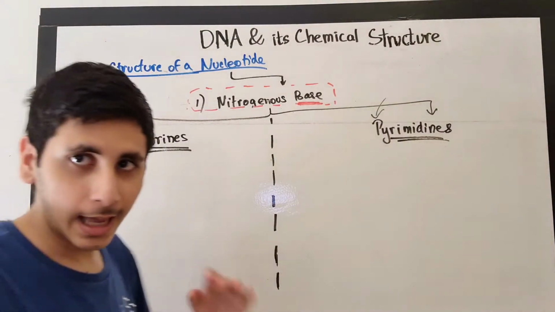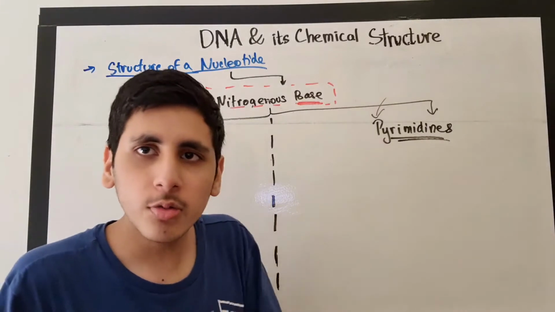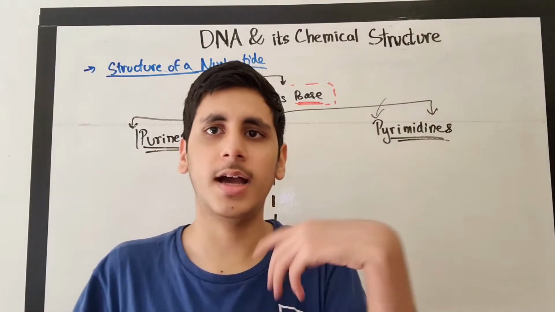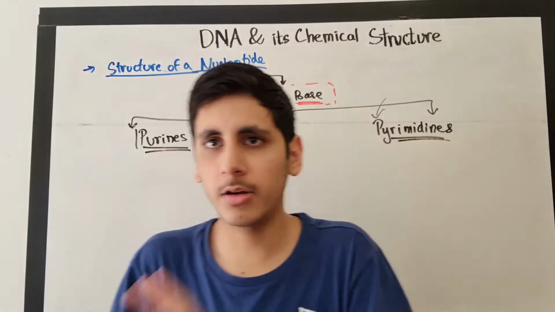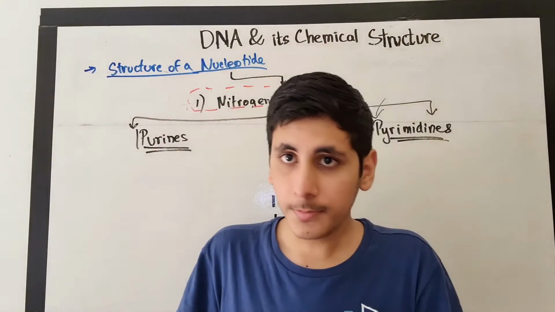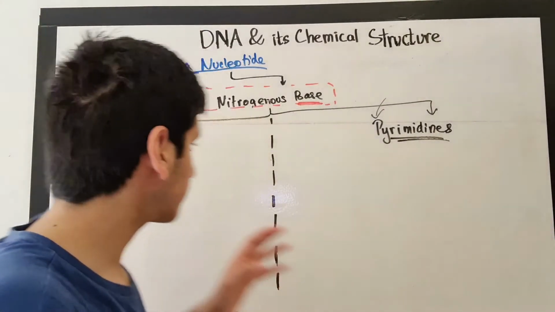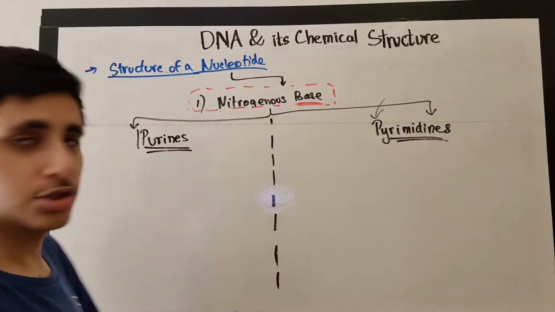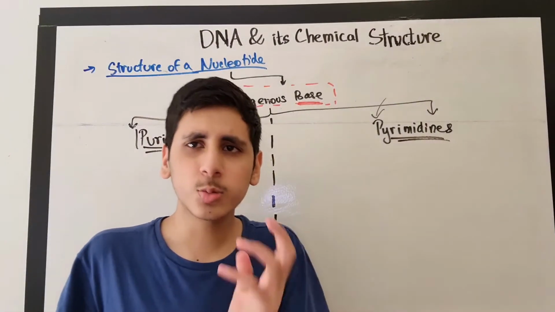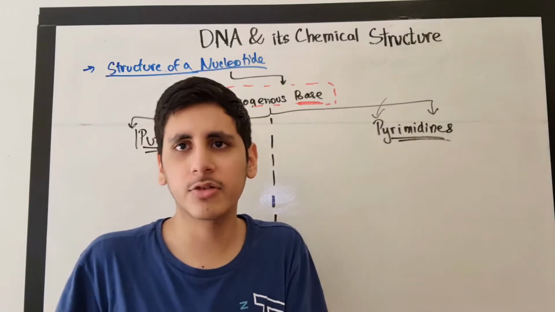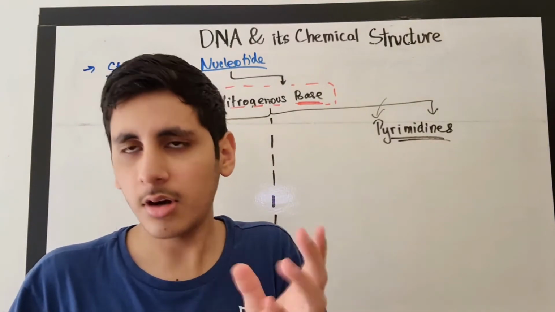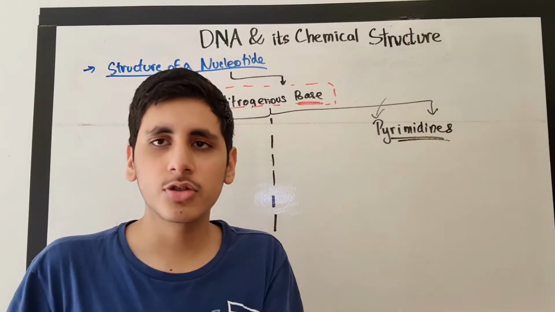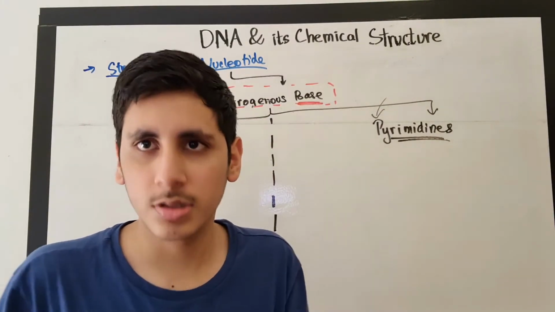There are two kinds of purines, adenine and guanine, and they differ slightly in their chemical structure, like having a functional group here but not there, with varying positions. However, there's a general structure of purines and a general structure of pyrimidines that we can use to represent any nitrogenous base.